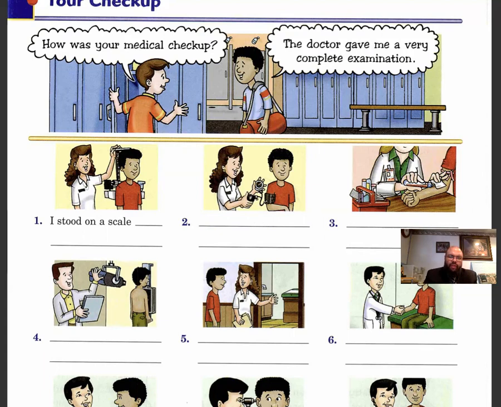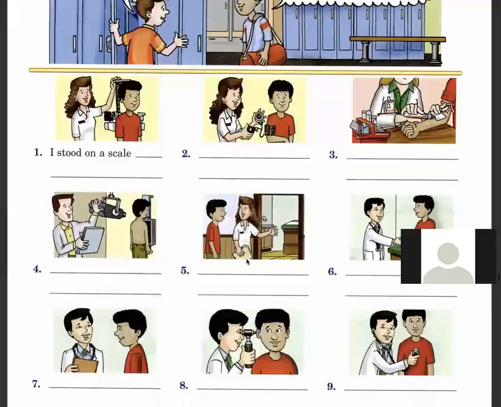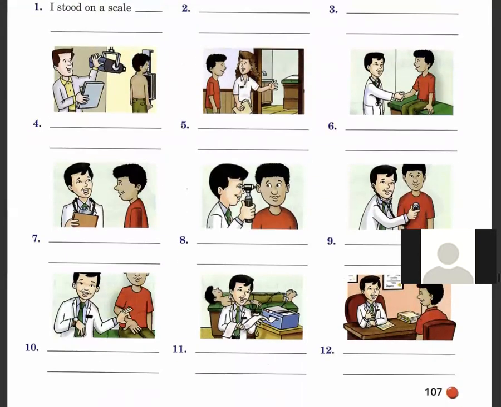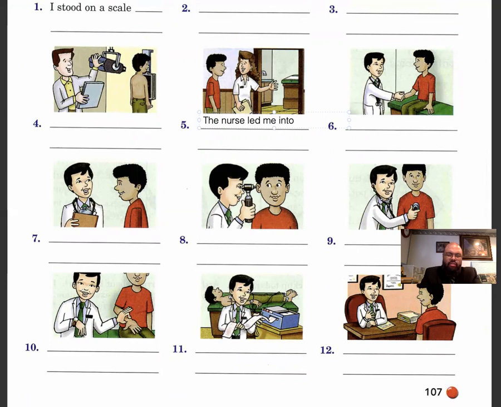How about number 5? What's that one? The nurse led you into an examination room. Led me into an examination room.